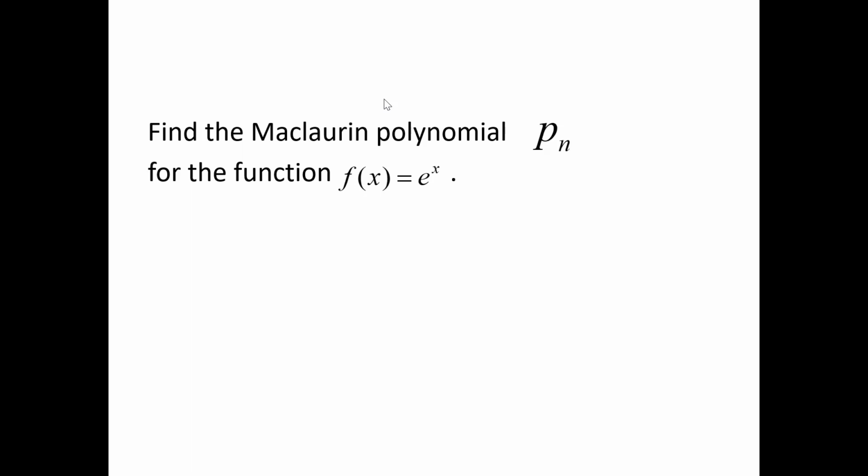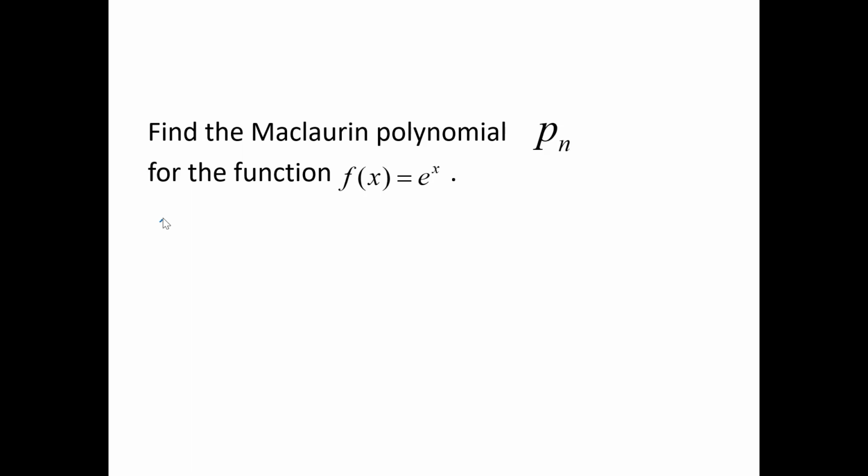So find the Maclaurin polynomial, P sub n, for the function f of x equals e to the x. So here what we want to do is look for a pattern and continue the pattern, right? And so find a formula for it.